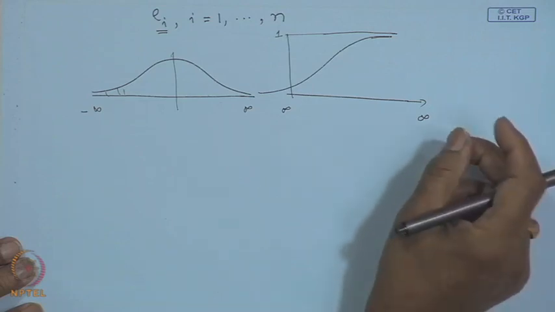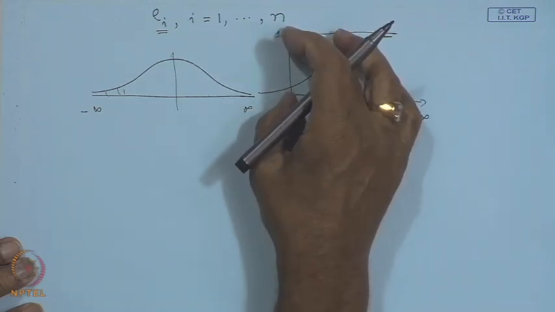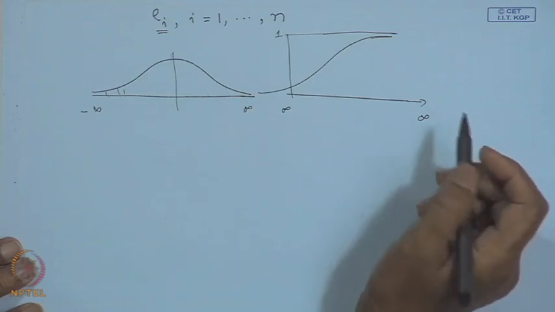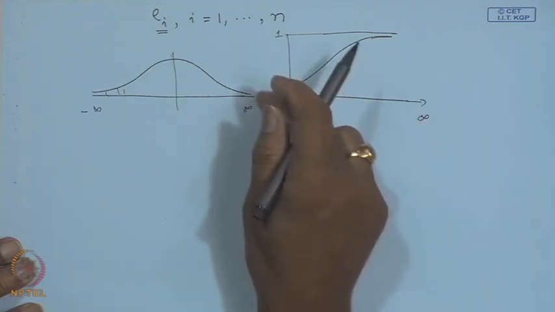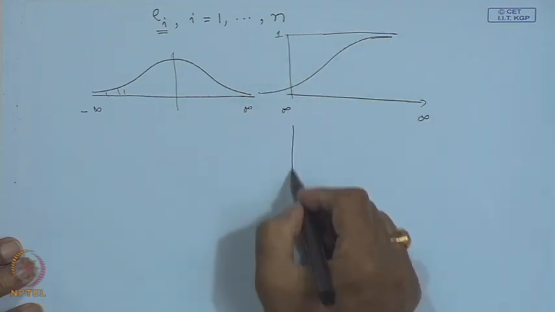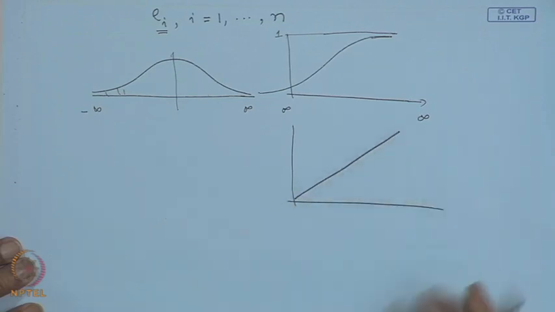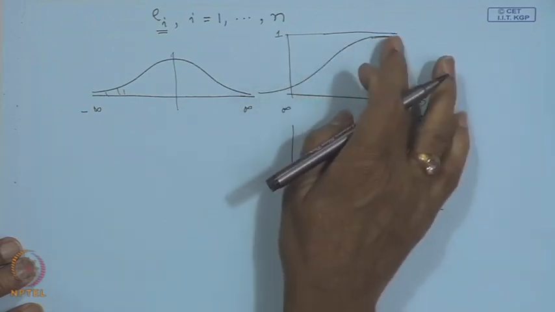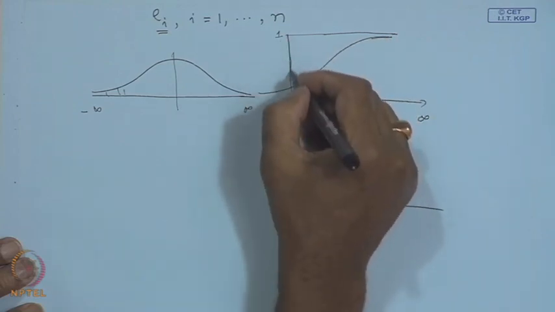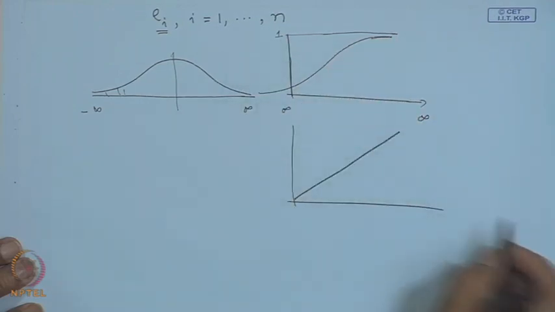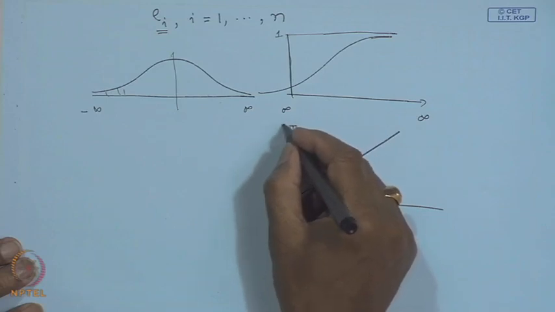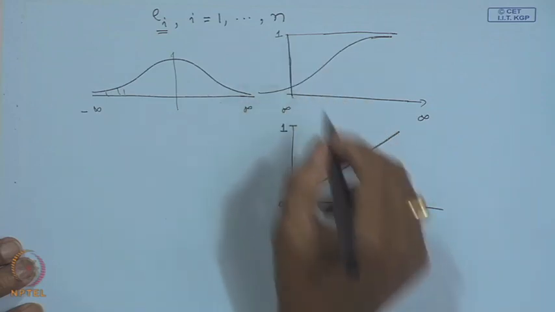Now, if this axis is properly scaled, then it is possible that this curve looks like a straight line. This varies from 0 to 1, but it is properly scaled.